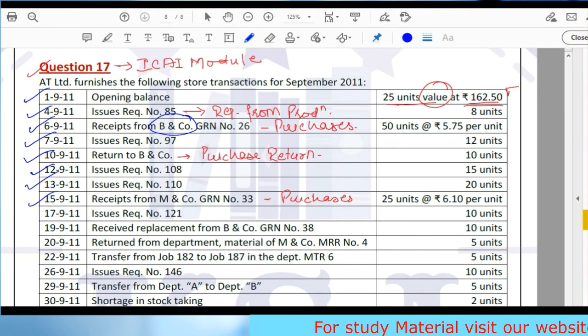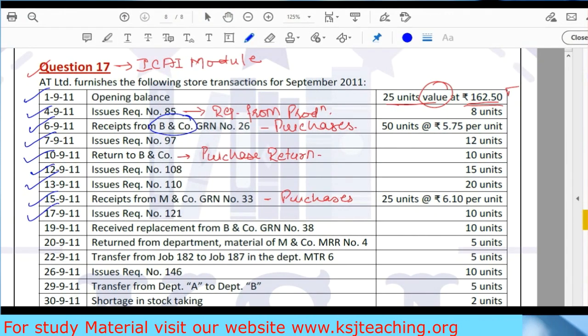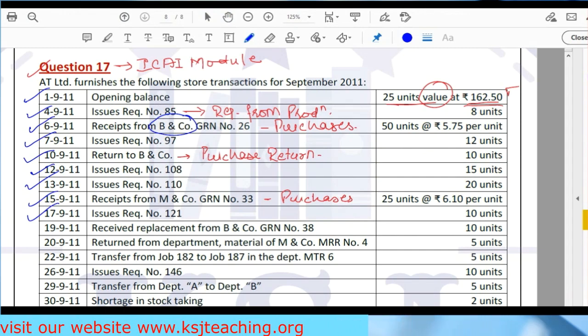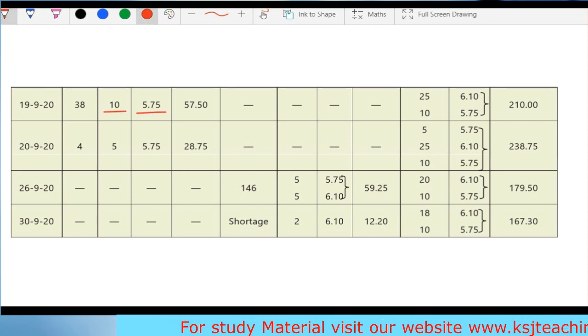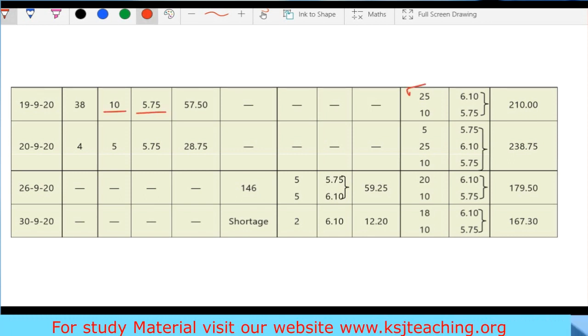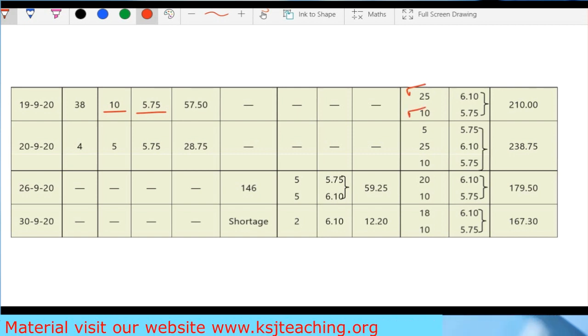Next, this is done. Now, received replacement from B and Company, 10 units. The material that we returned because it was not up to the mark, they have sent us fresh material. We have received the replacement of 10 units at 5.75. So we have 25 units lying earlier, then 10 units of 5.75. Any doubts?